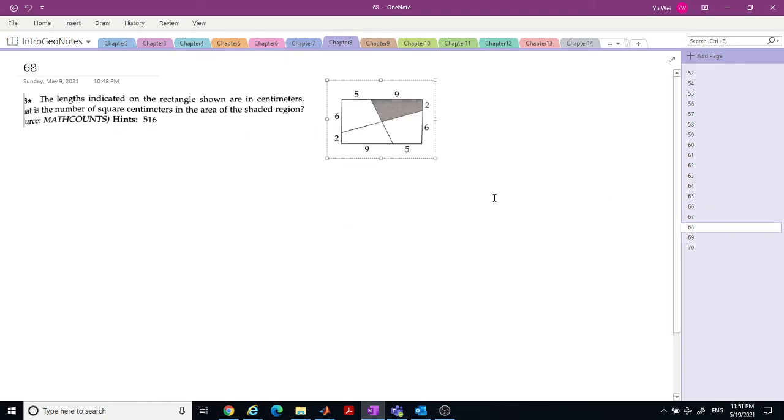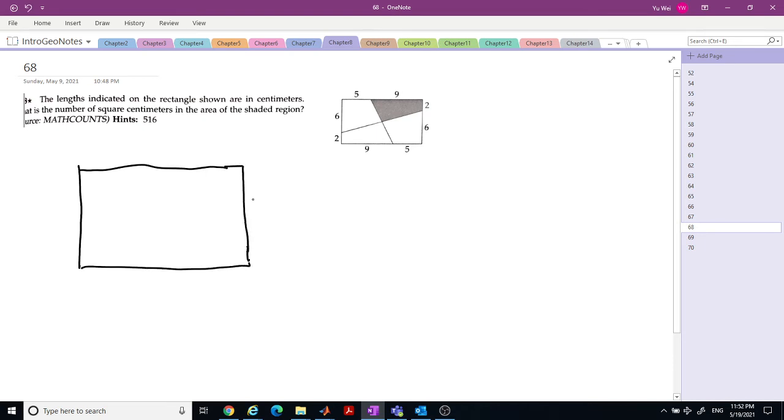So this one, the length indicated on the rectangle. Okay, so we can see there is a 5 and 5. It's drawn based on the symmetry of this O, which is the center of the rectangle.